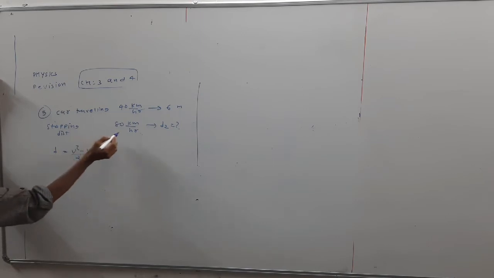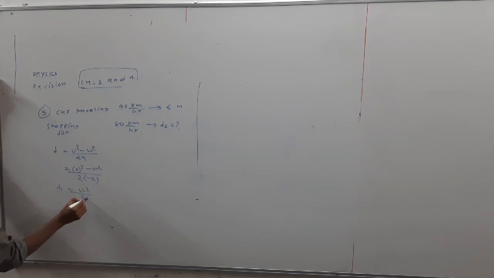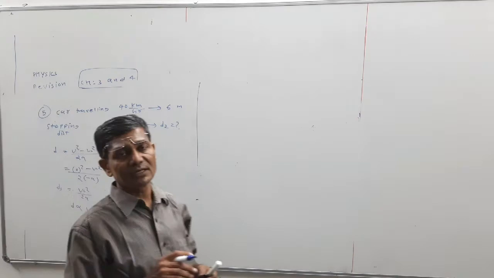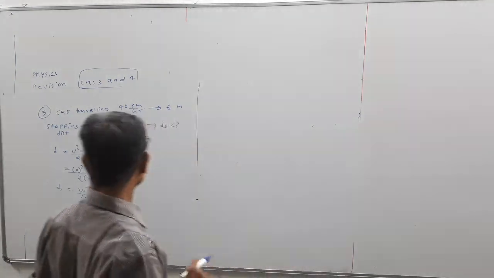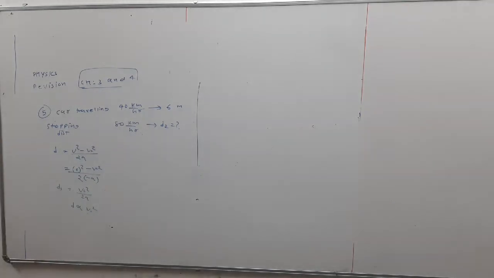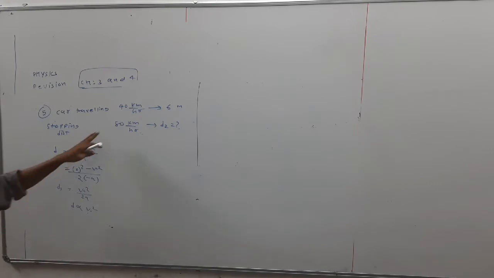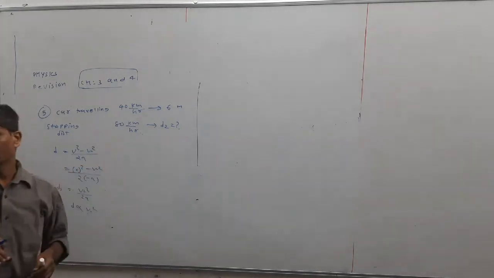The final velocity is 0. Brakes are applied, so we have a retarded motion, and d is the stopping distance. So stopping distance is proportional to V0 square. We consider it a uniformly retarded motion.